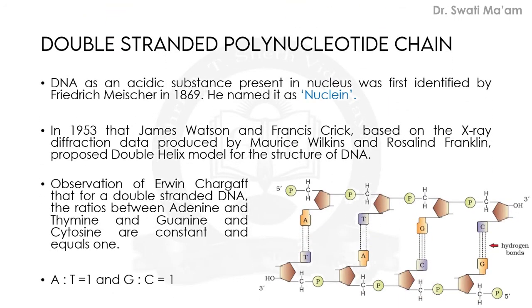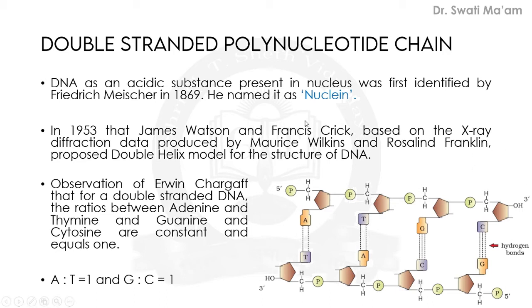So let us start the remaining concept of the double stranded polynucleotide chain. DNA is an acidic substance present in the nucleus, and it was first identified by Friedrich Miescher in 1869, and he named it nuclein.